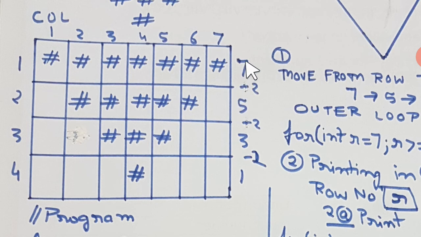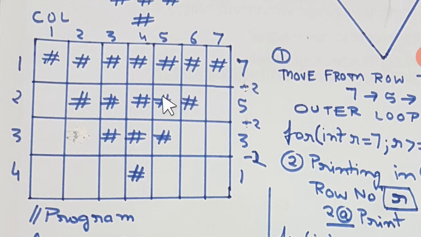So the initialization expression is going to be 7, and it will go up to 1, and I have to update the value of the loop variable by -2.